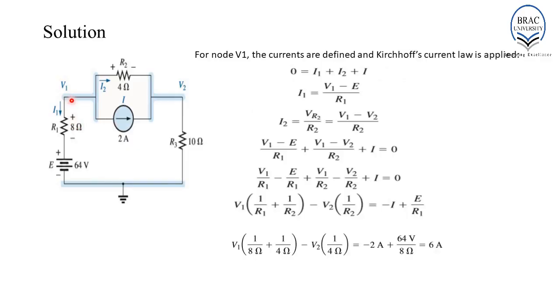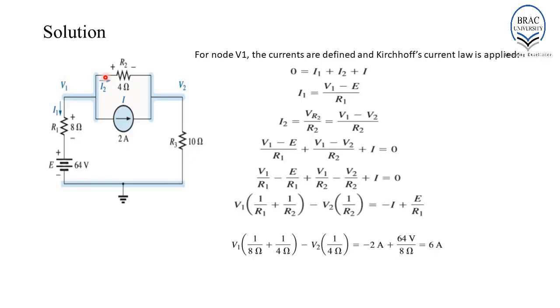The voltage at this terminal of R1 is V1 and the voltage at this terminal of R1 is E. Since V1 is at higher potential than E, the current flowing through R1 will be equal to (V1 minus E) divided by R1.